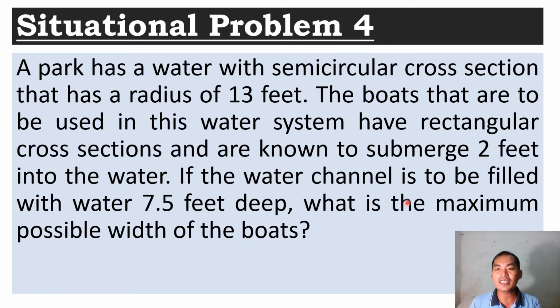If the water channel is to be filled with water 7.5 feet deep, what is the maximum possible width of the boat? So, pare ito sa problem number 2. But then, here, radius ang given. Doon sa una, diameter. So, it's easy. Mas easy ito kaysa doon.